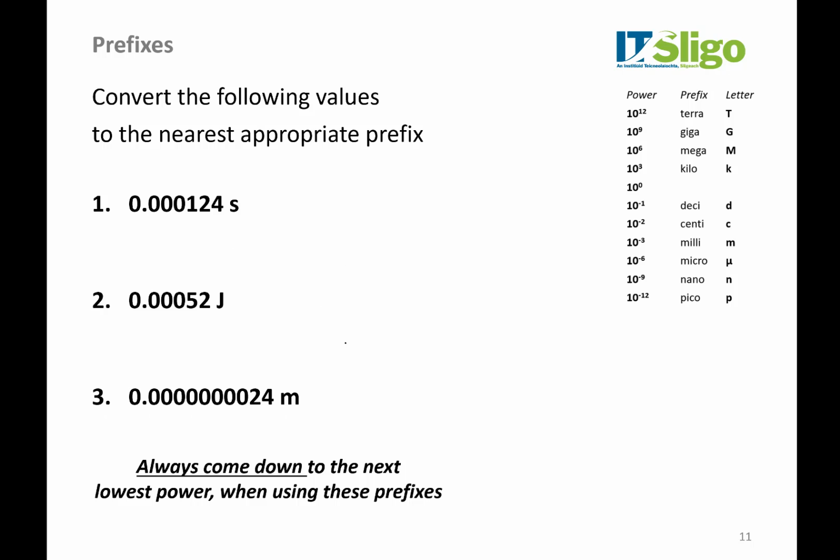And finally now, this one's going to require a little bit of work. I know it's 2.4 by 10 to the power of minus something. There's 3 zeros, there's another 3, there's another 3. So it's 10 to the minus 9. So in this case, guys, I don't actually have to adjust anything. 10 to the minus 9 is already a prefix.